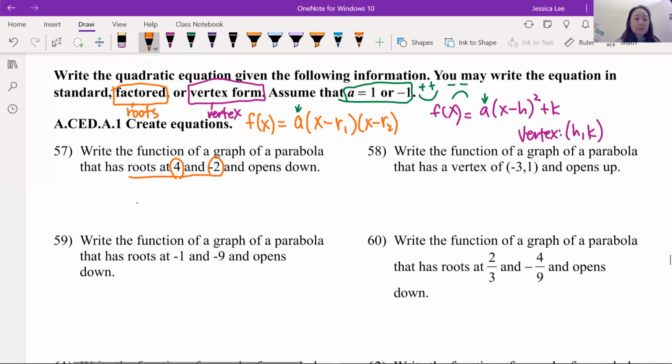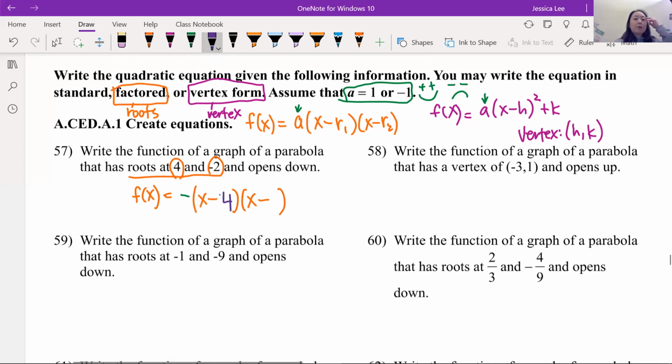All right, so here we go. Let's write this down in orange. So f of x is equal to, it opens down, so I'm going to make that negative. -1, I don't need to write down the 1. Negative, and then x minus 4, plugging in the roots.